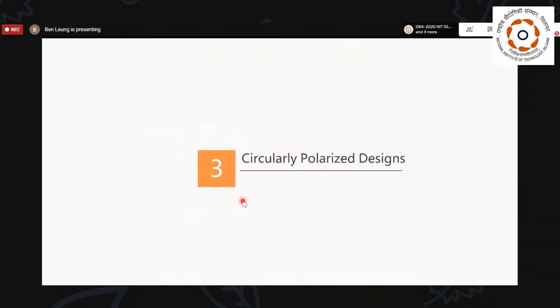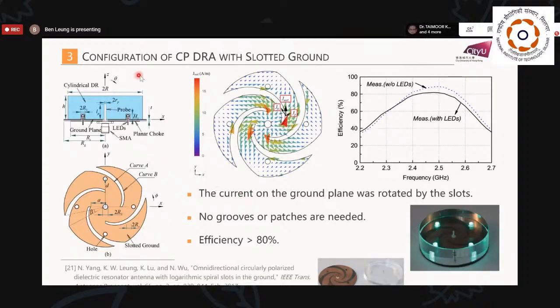Next, I will show you a circularly polarized design. Here, it is a conventional DRA, which is made of glass, so that we can use an LED to use this DRA as a light source. Now, the CP is obtained by modifying the ground plane.